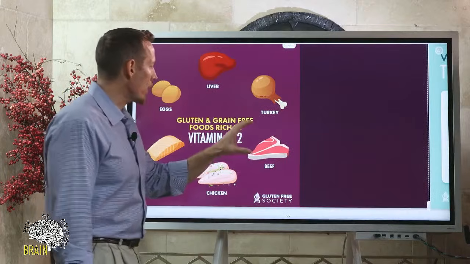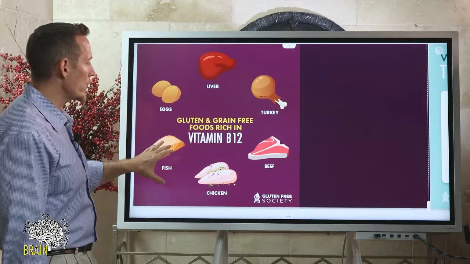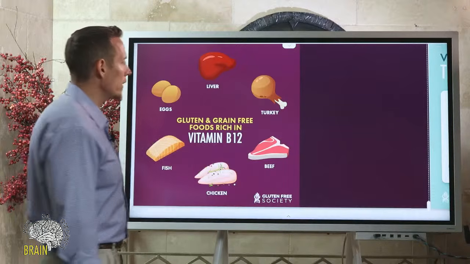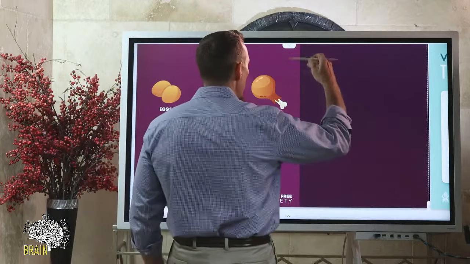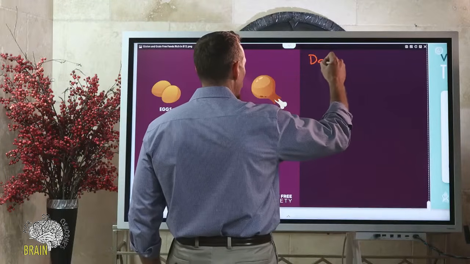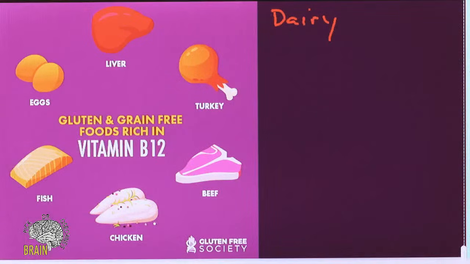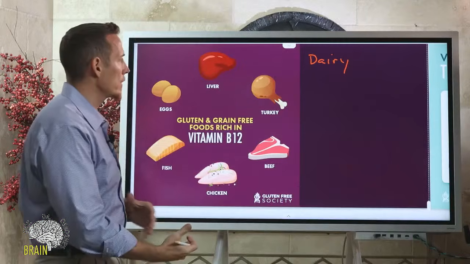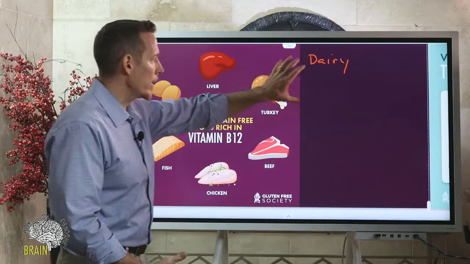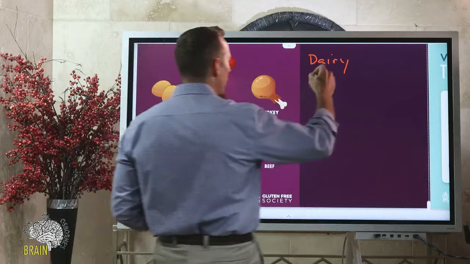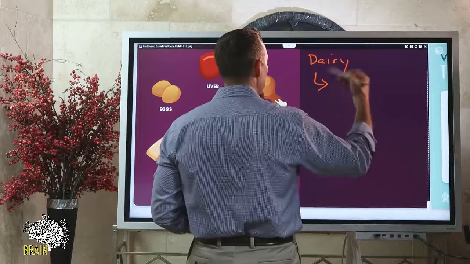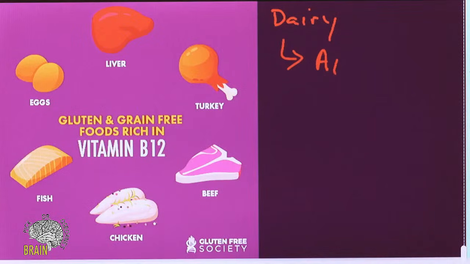So these are some gluten and grain-free foods rich in vitamin B12. I didn't list dairy on here, but we could. If you're going to use dairy, the problem with a lot of dairy today is A1 casein, which can mimic gluten.